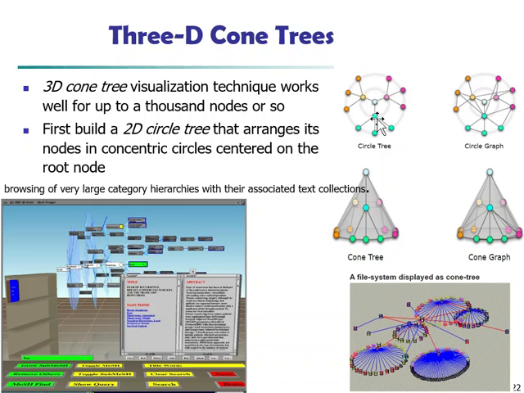And the circle has exactly that feature: smaller room here and more room towards the outer edge of the circle. So this is a circular tree. We already saw an example of this in the invisible residence.